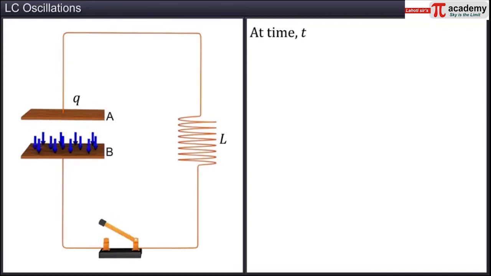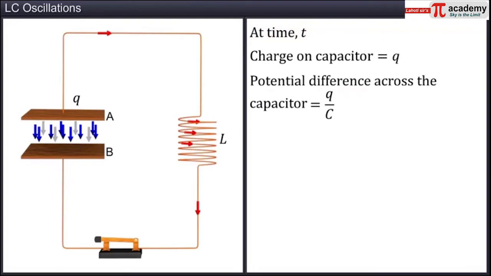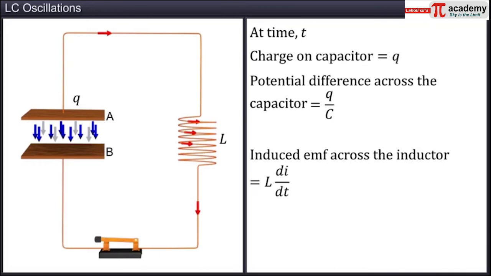If Q is the charge on the capacitor and I is the current in the circuit at a time t, then the potential difference across the capacitor is the ratio of Q to C, where C is its capacitance. The induced EMF across the inductor is L di by dt.